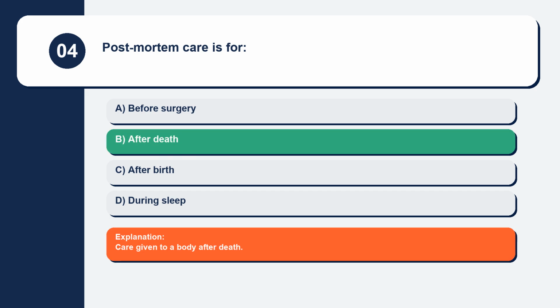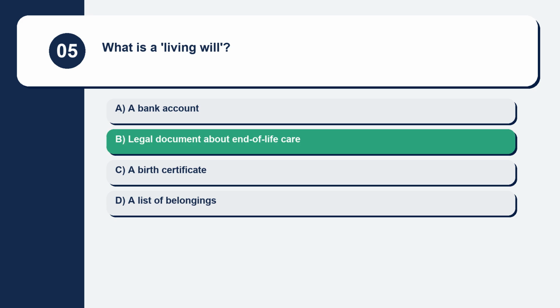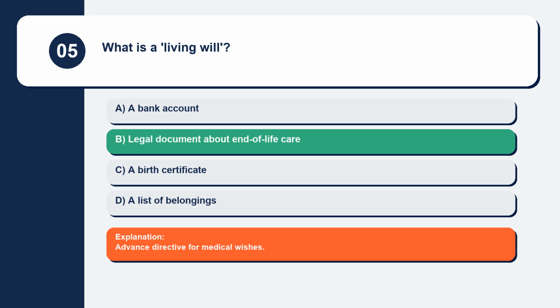Care given to a body after death. Question 5. What is a living will? A bank account, a legal document about end-of-life care, a birth certificate, a list of belongings. Advance directive for medical wishes.